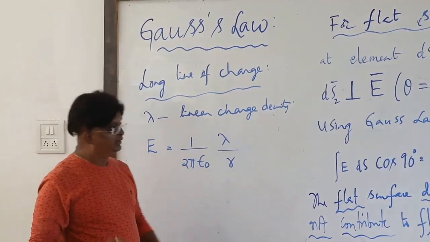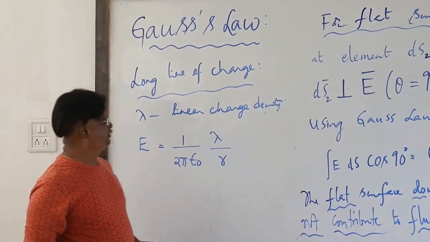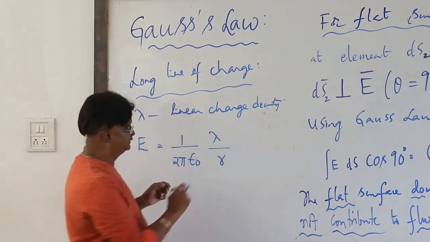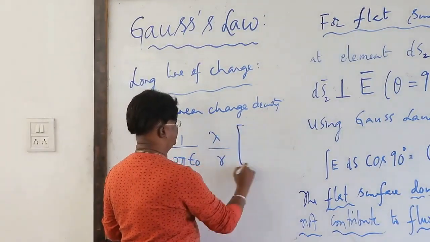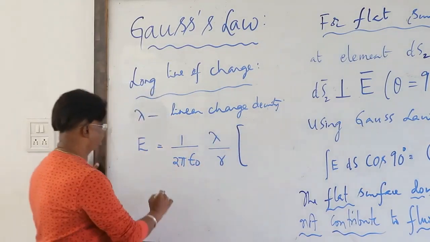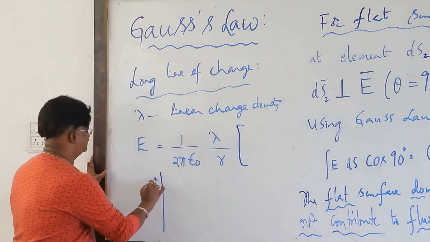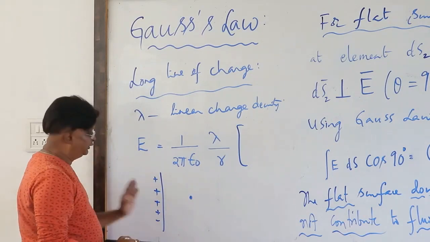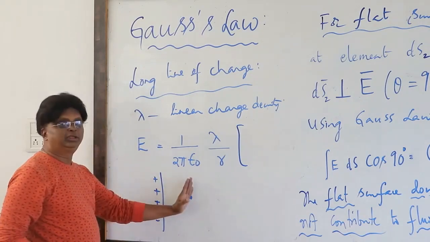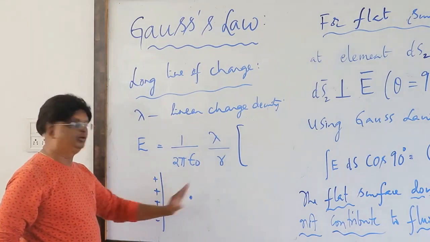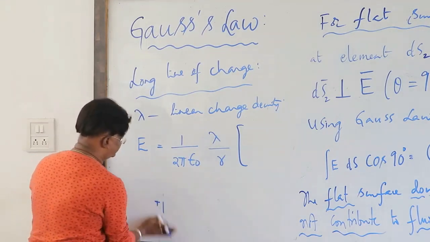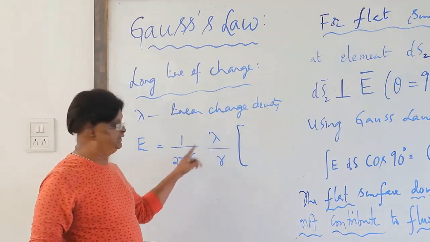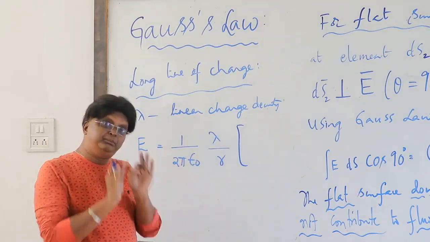Now, one important point to remember: E is equal to 1 by 2 pi epsilon naught lambda by R, where this point, you remember, earlier we have shown the line of charge, and this is the point P, which is called a lateral point, at a distance R. Therefore, when you remember an expression, remember each and every term with the right meaning.